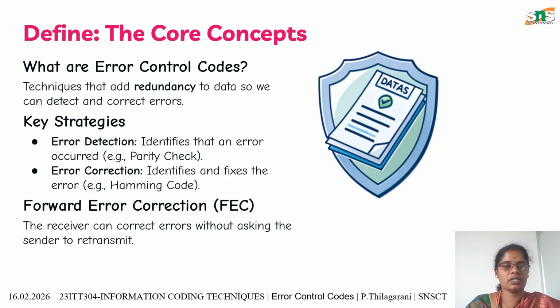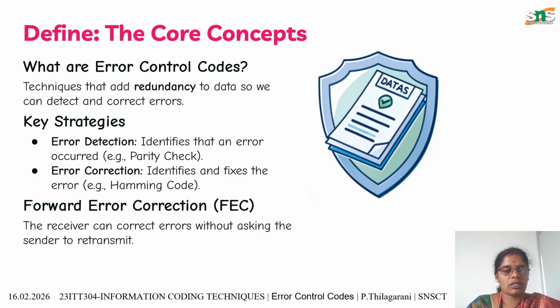In the define phase, the core concept is: what are error control codes? The techniques that add redundancy so we can detect and correct errors. The strategies are: error detection identifies that an error occurred, for example, parity check.